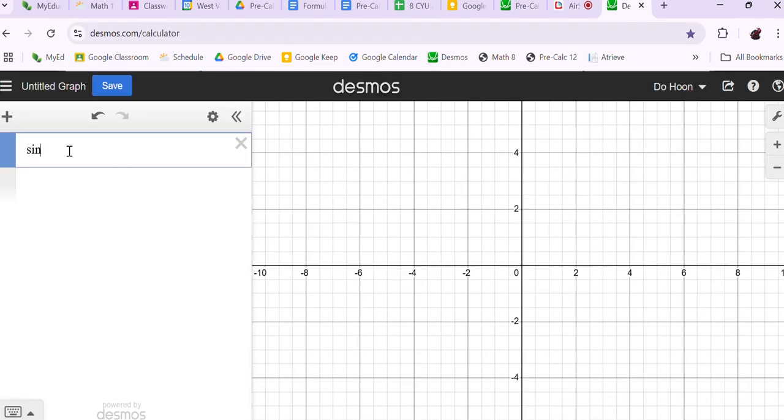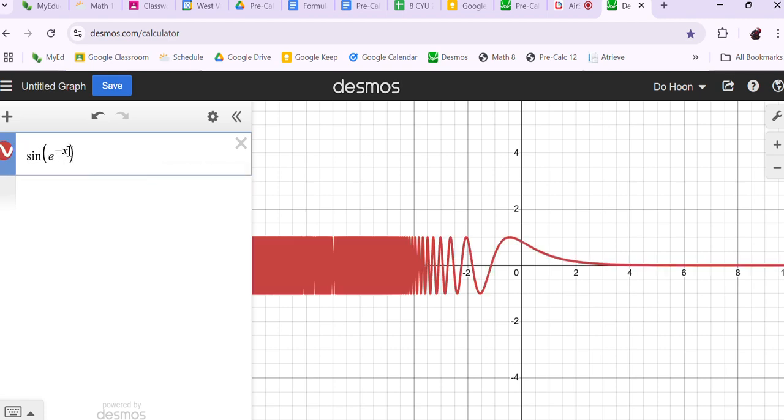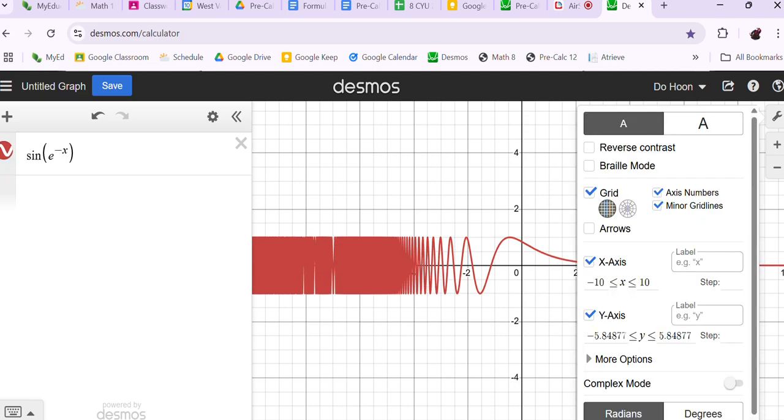let's try to graph sine of e to the power of negative x in radian mode.